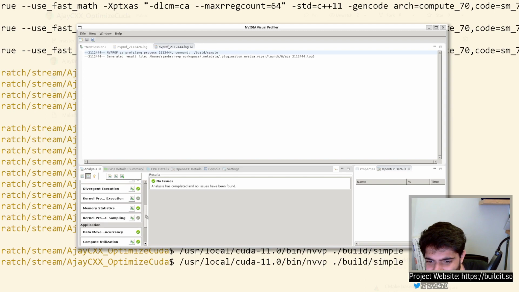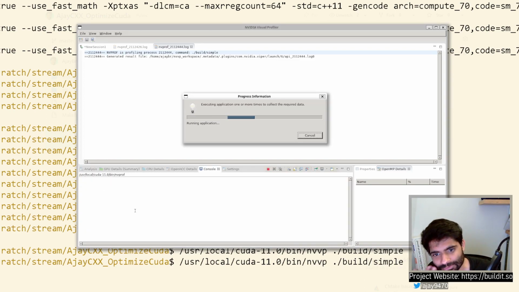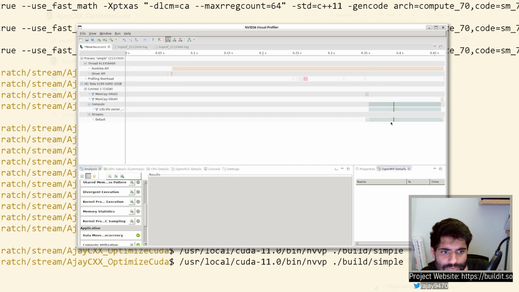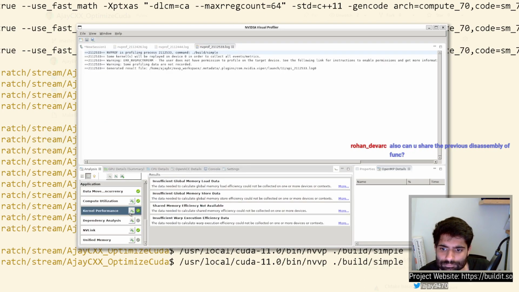Maybe memory statistics. Yeah, they should show something. Okay, unfortunately, because the accesses are all great, it doesn't show.